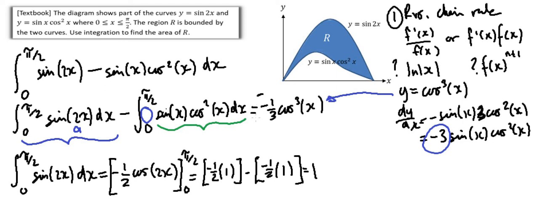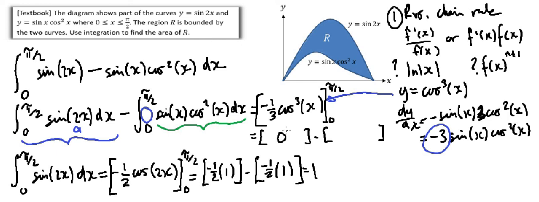Okay, so then we can put brackets around this, given our limits. And if we feed our limits into that, cos of pi over 2 is going to be 0. So I've got 1/3 of 0, that's 0.